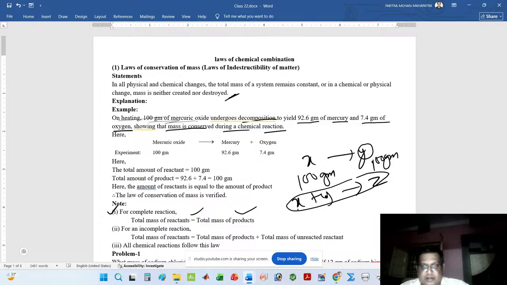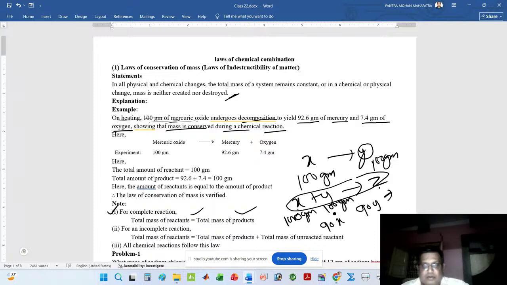Suppose it is an incomplete reaction. Some parts of the reactants remain. They do not undergo the reaction. Suppose I have taken 100 gram of X and 100 gram of Y. Suppose 90 gram of X is consumed, and 90 gram of Y is also consumed.